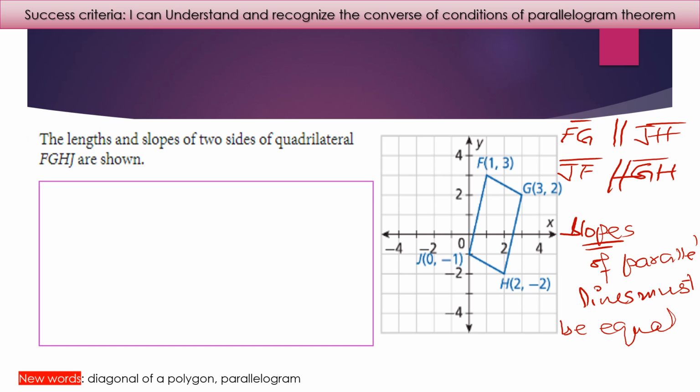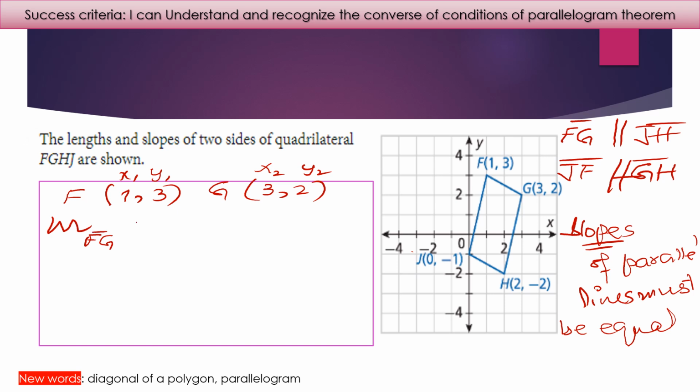So let's try to find FG. F is (1, 3) and G is (3, 2). This is x1 and y1, and here x2 and y2. I am trying to find the slope of FG.